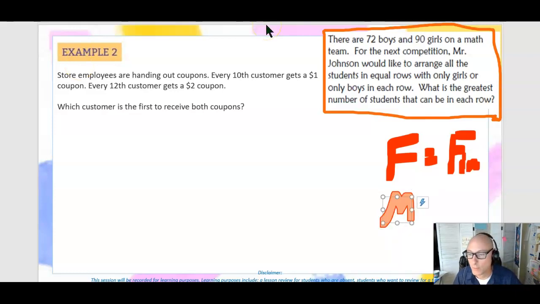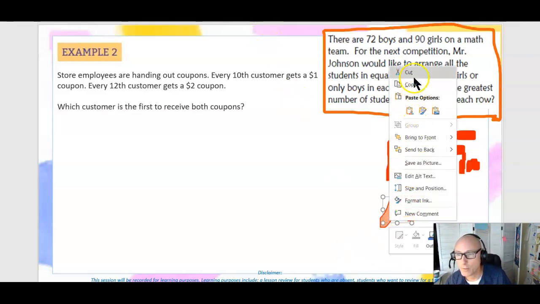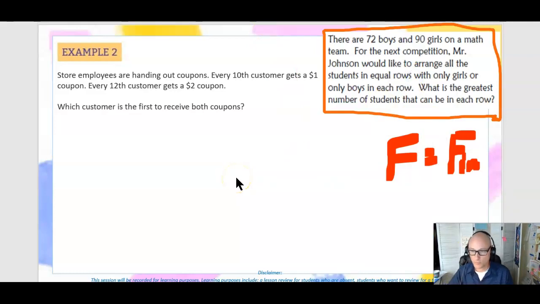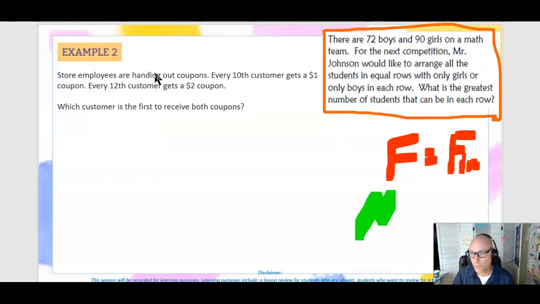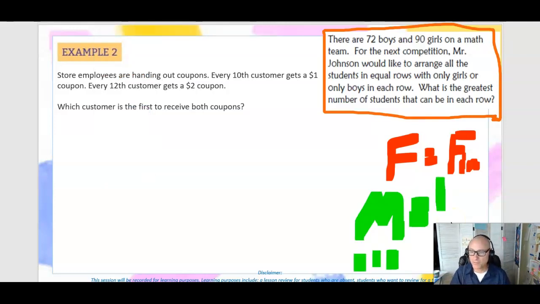So factors, F, finite, they end, and we'll pop in some green here. Green is for multiples, which go on forever. You know, that dot, dot, dot. So they are infinity and beyond. Finite stops, factors stop, multiples go on forever.